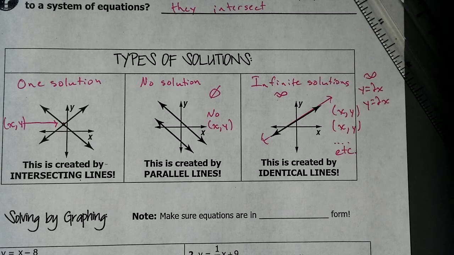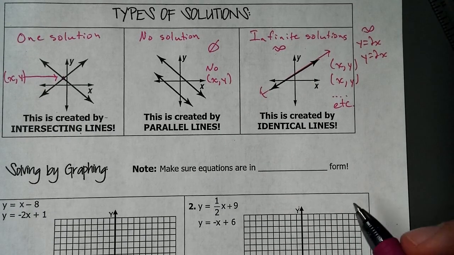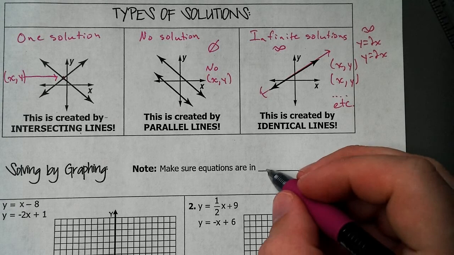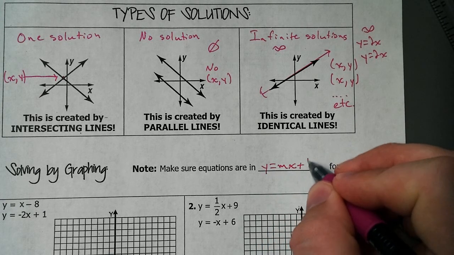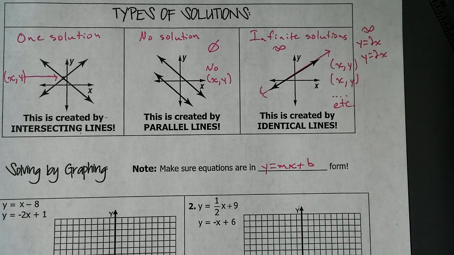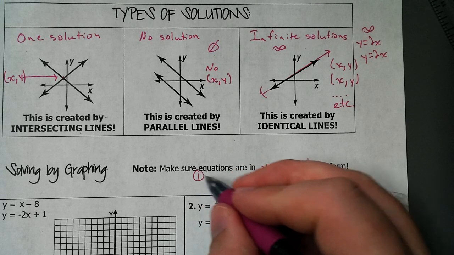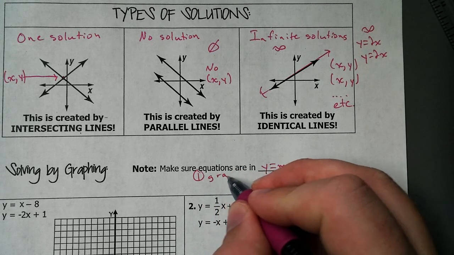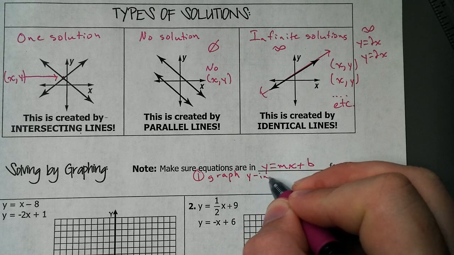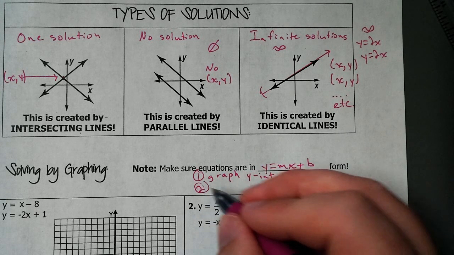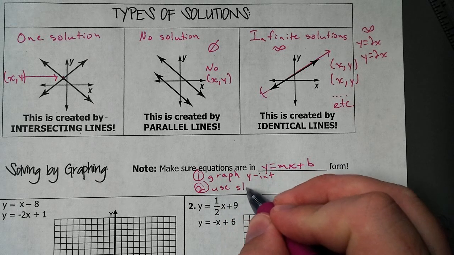Now, how we can solve this by graphing is first we'll make sure they're in slope-intercept form, the y equals mx plus b. Alright? Remember, when you're graphing, step one, you're going to graph the intercept on the y-axis, and then step two, you're going to use the slope to make more points.